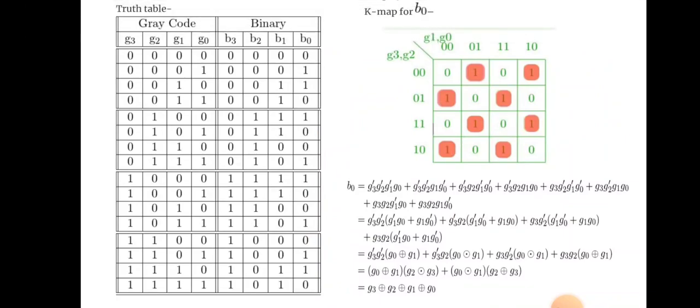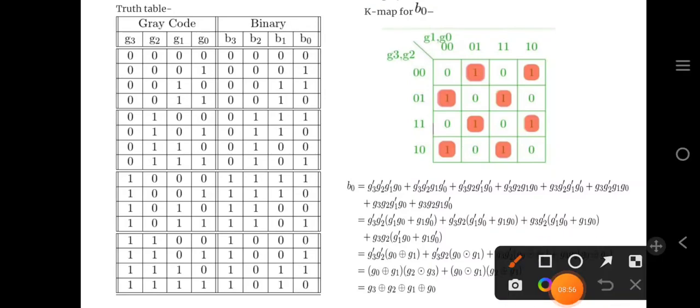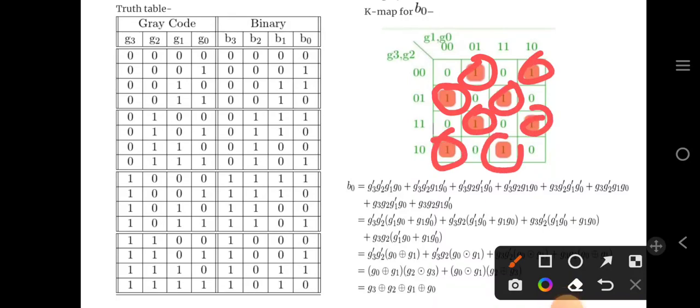Now the next step is to form the groups. As you can see from the K map, all the ones are scattered in different directions, so there is no chance to make a large group of ones. So what we have to do is make single groups of every one, and then write the equation for all these groups.